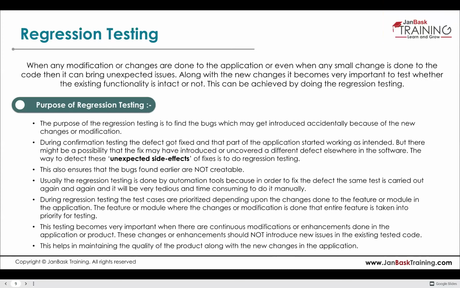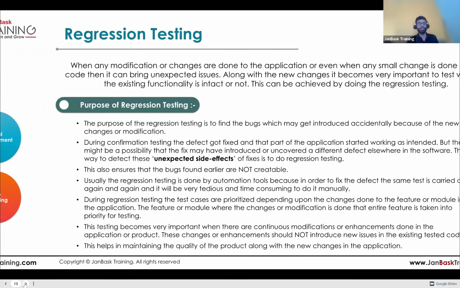Based on that, you can identify a set of test cases and execute those just to make sure that nothing is affecting the system. Okay, we are good to go.